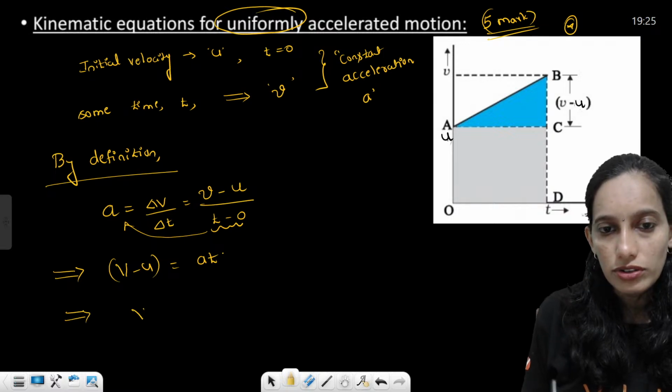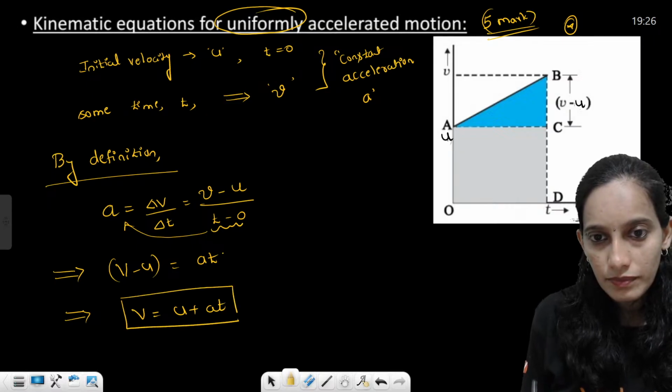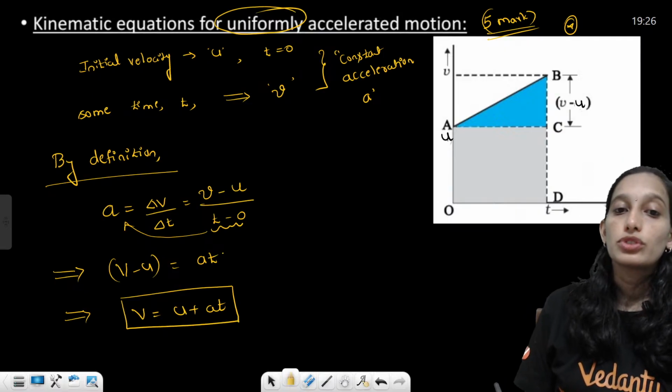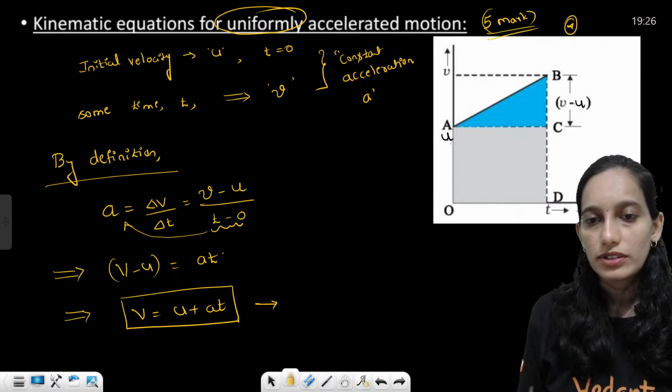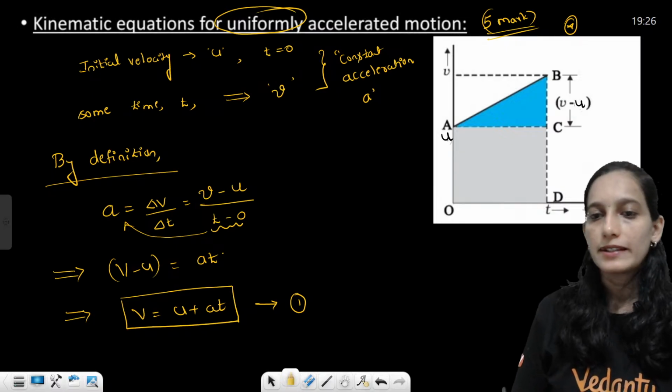Or this gives us v equals u plus at. So this is the first equation of motion. Let me call this equation 1: v equals u plus at.